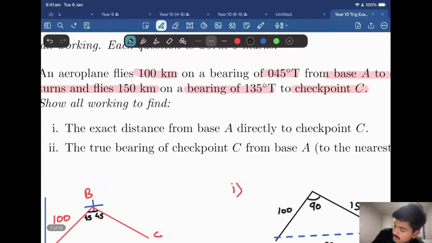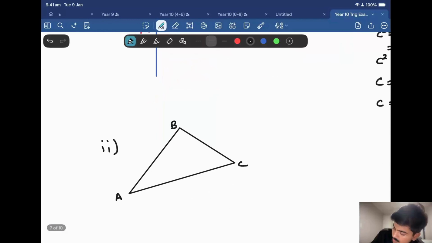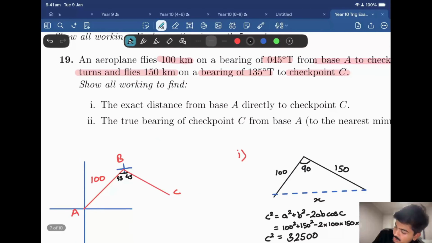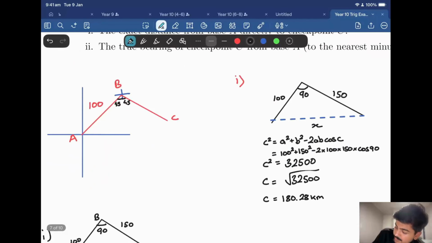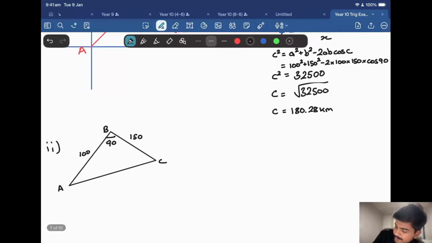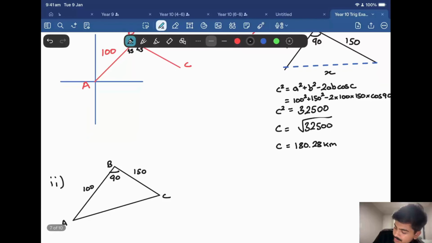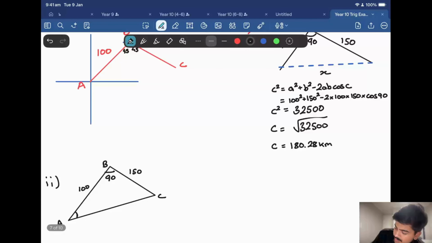So let's label what we know. 100, 150, 90. What are we trying to find? We're trying to find the bearing of checkpoint C from base A. So we're trying to find out what this is, right?